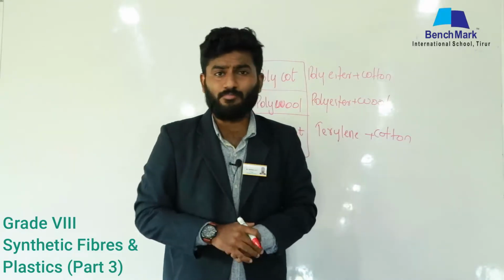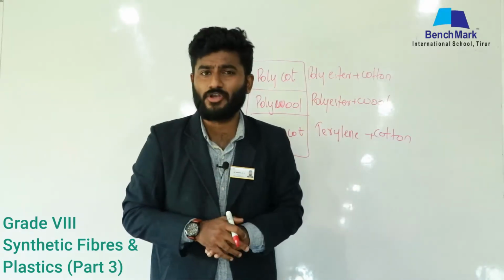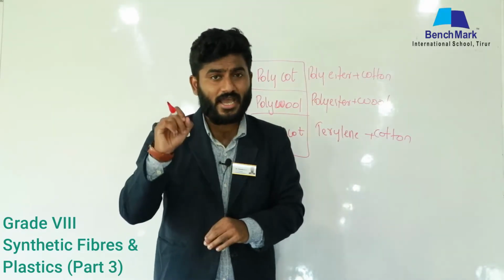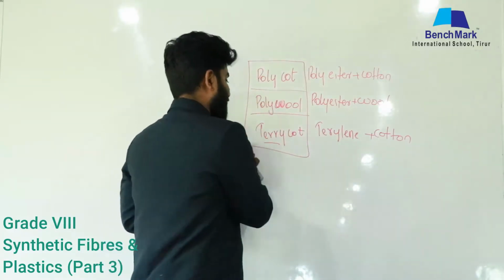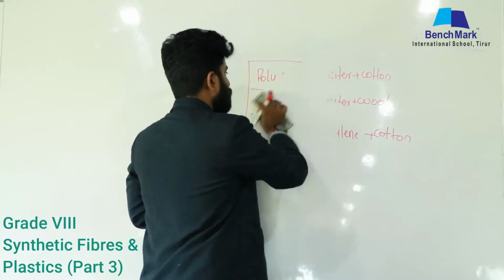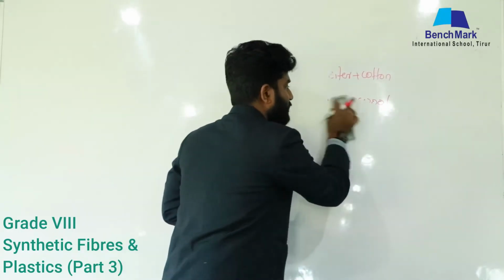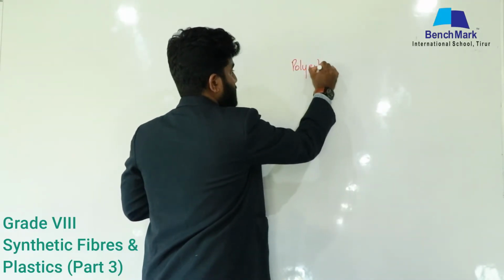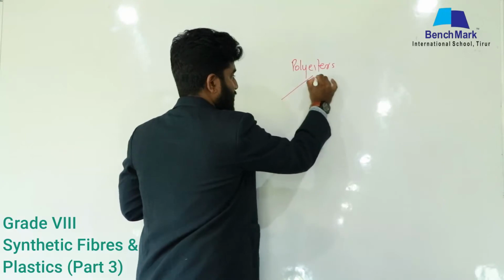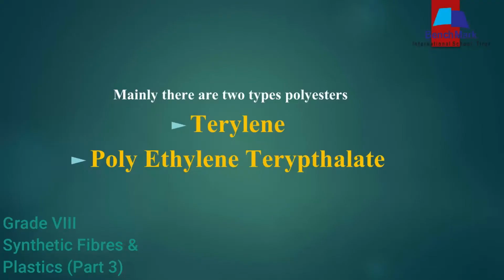Listen, the properties of polyester have been discussed, and now how can we classify polyester? Polyesters can be classified into two. How many classifications are there for polyester? There are two classifications. First one is terylene. Second one is PET.